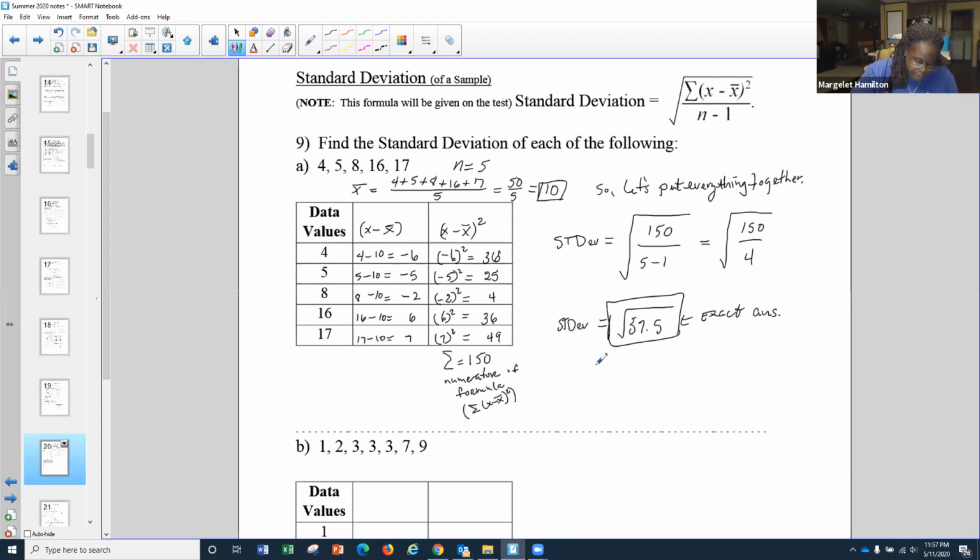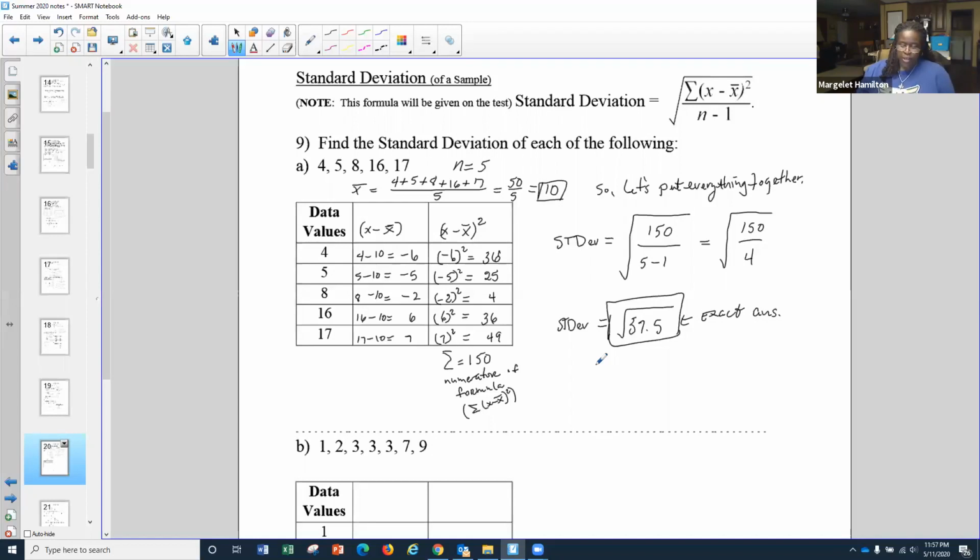Again, I would have to look at your calculator in order to see it. And you'll need to practice to see how your calculator wants you to do this. Either you get your symbol first, or you put your number in first and then get your symbol. But you got to practice your calculator to find out.